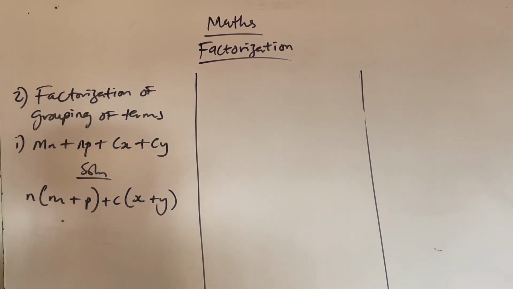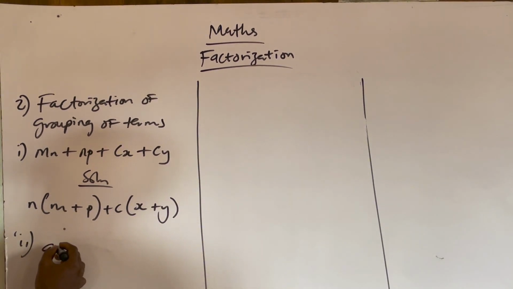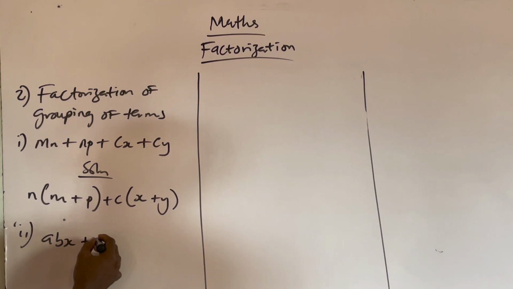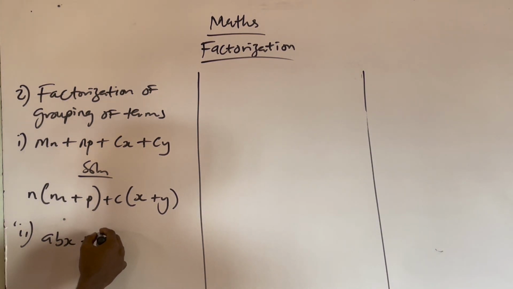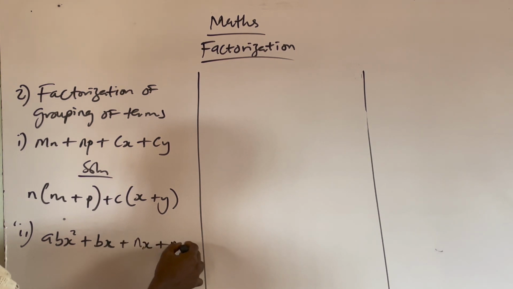The next one, let me say if you have abx plus bx plus abx squared plus bx, then plus let me say nx plus ny.